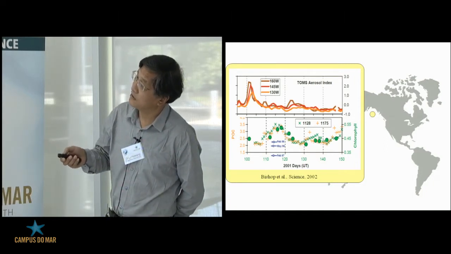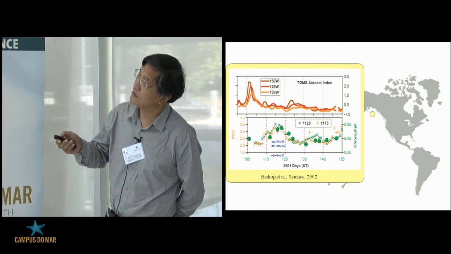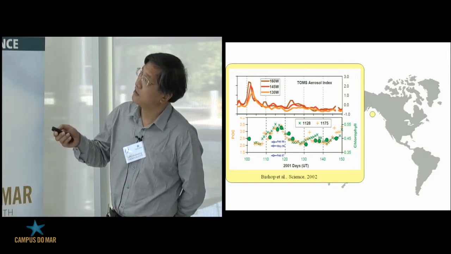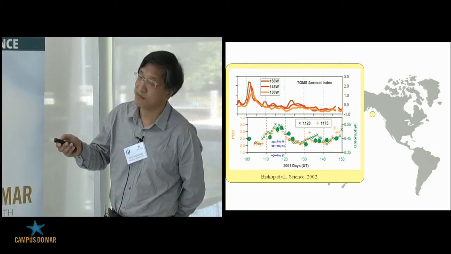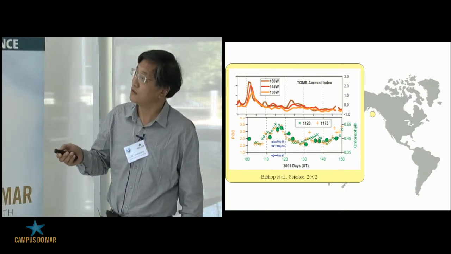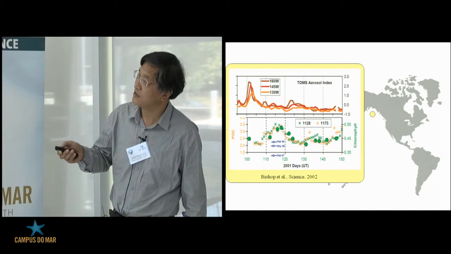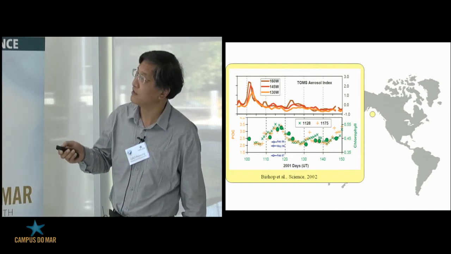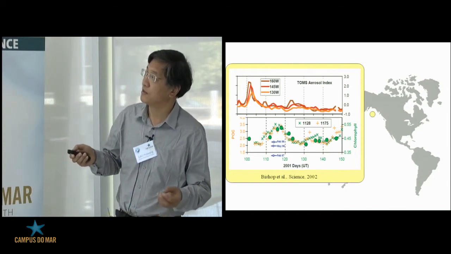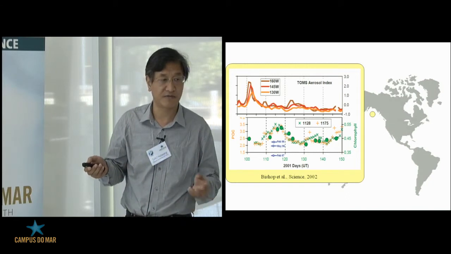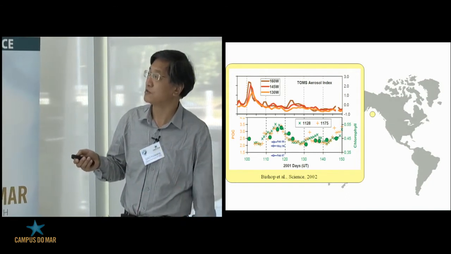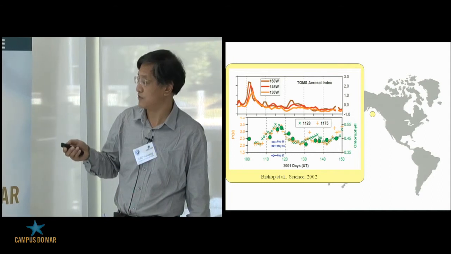This is the calendar days. Around these days, there is some aerosol index increase, which means there was a dust storm. And maybe 2 weeks later, there is a peak of chlorophyll. So that means maybe the aerosol depositions have some contribution to the chlorophyll concentration.